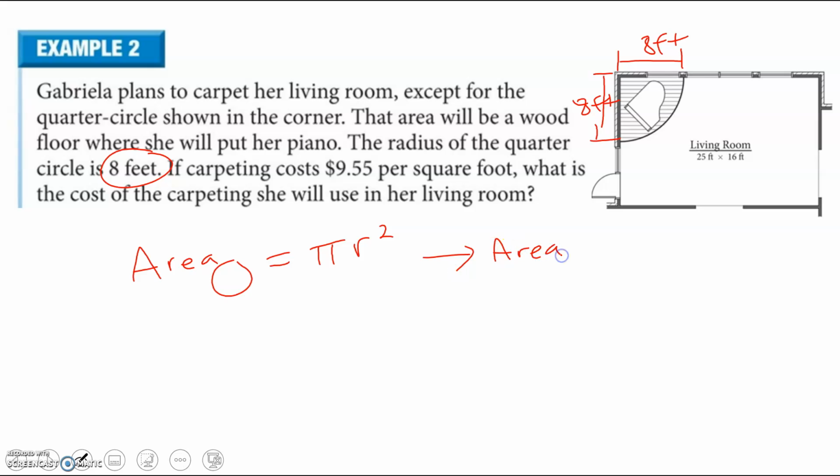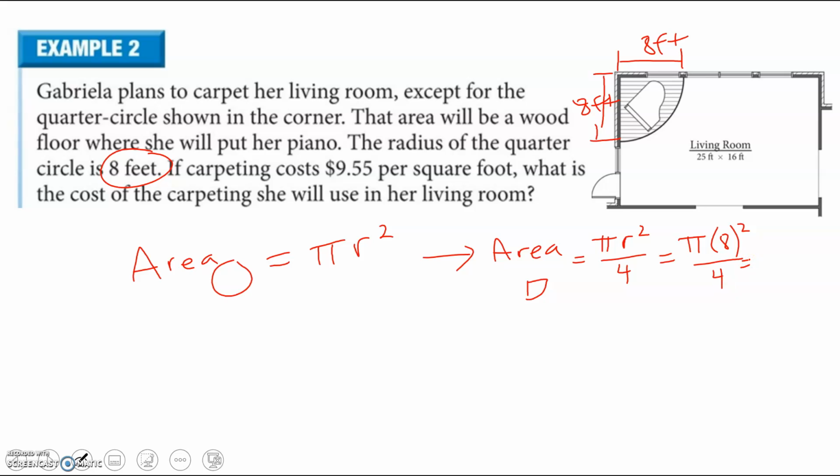So the area of just a 1/4 circle is going to be pi r squared divided by 4. So 1/4 of the circle. So let's take our radius, our 8 feet, and we have pi times 8 squared divided by 4.